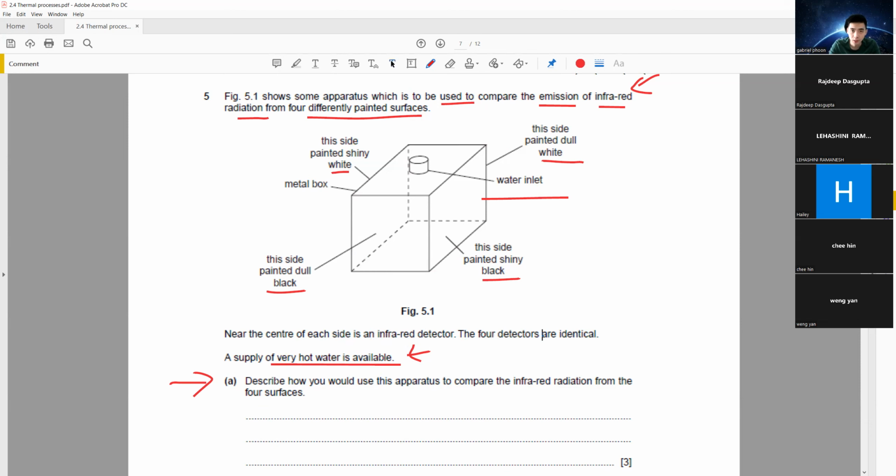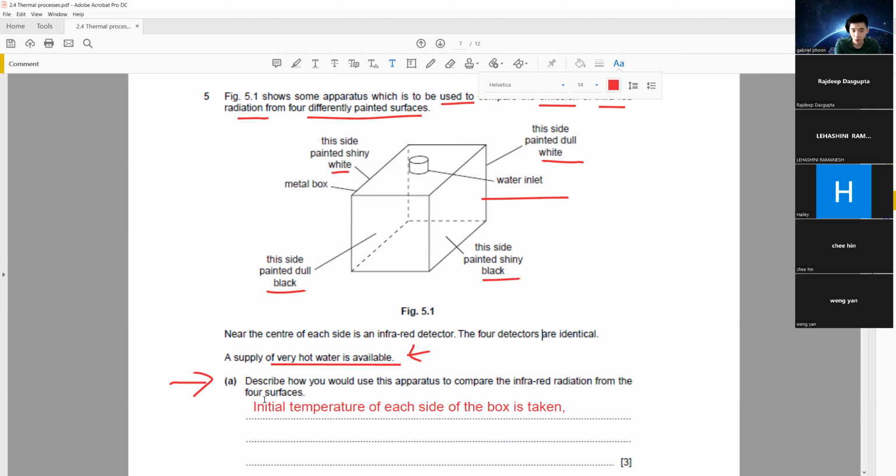So if I were to do this, I'm going to say something like this. Yet again, the initial temperature of each side of the box is taken.